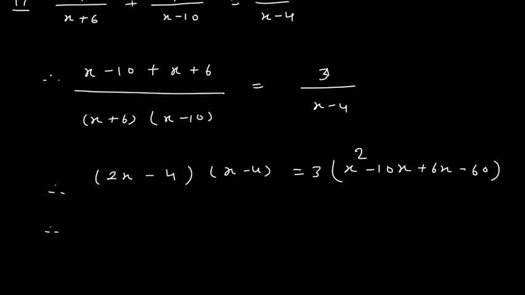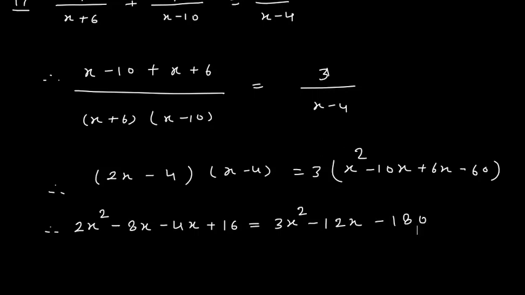So therefore this 2x into x is 2x square, minus 8x minus 4x, and minus minus plus 16 is equal to, here on right hand side it is 3x square minus 10x plus 6x is minus 4x. So this is minus 12x and this is minus 180.